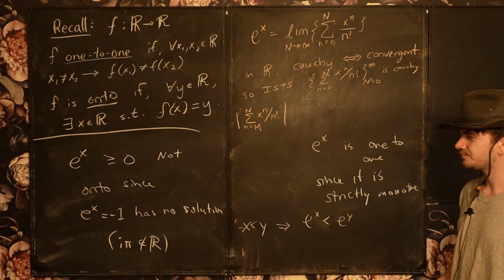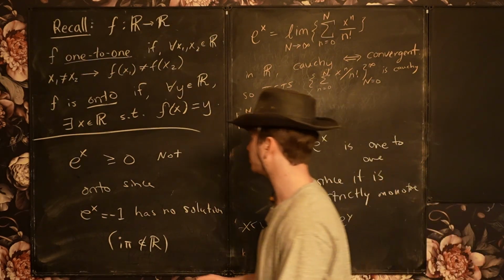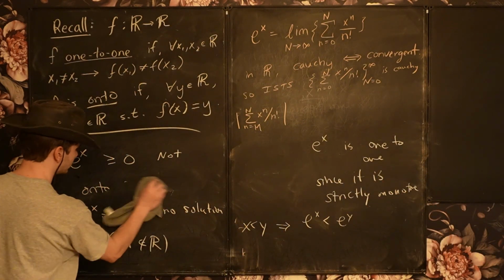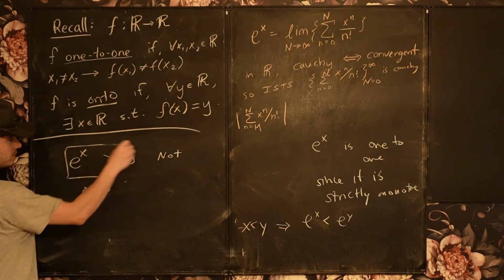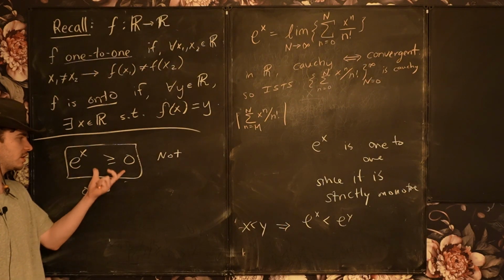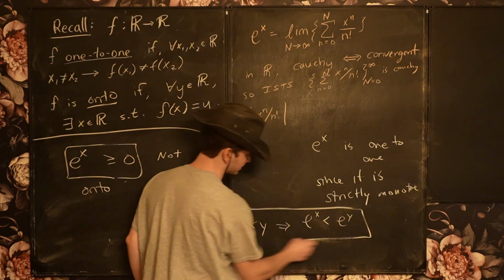This property we would need to prove, and then it's not onto just immediately follows from the property that e to the x is positive. So to show that it's not onto, we just need to show this property. To show that it's 1 to 1, we would need to show the monotone property.